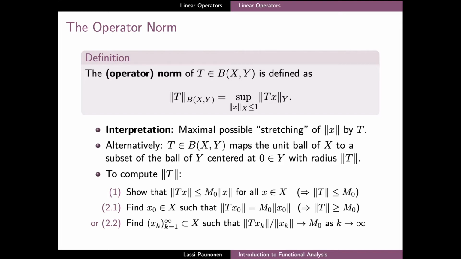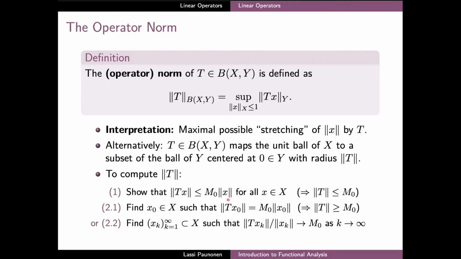In addition, we try to do this in a way that the constant m0 here is as small as possible. And by definition, this kind of an estimate already means that the norm of T must be at most m0, since the norm is defined to be the least upper bound that these types of quantities have when x has norm 1.